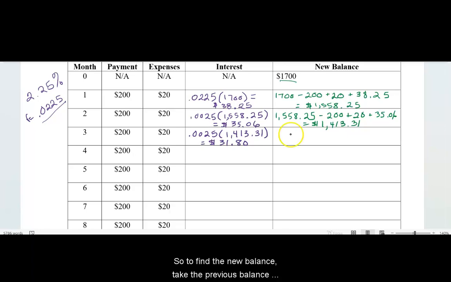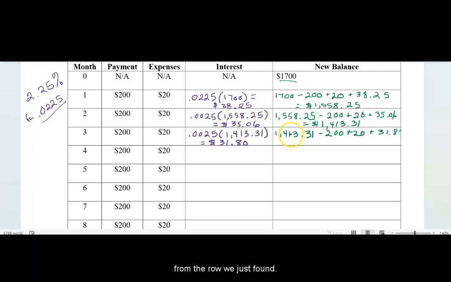So to find the new balance, take the previous balance minus the payment plus the charge and plus the interest from the row we just found. Put these numbers into your calculator. And now what we should see is $1,265.11.